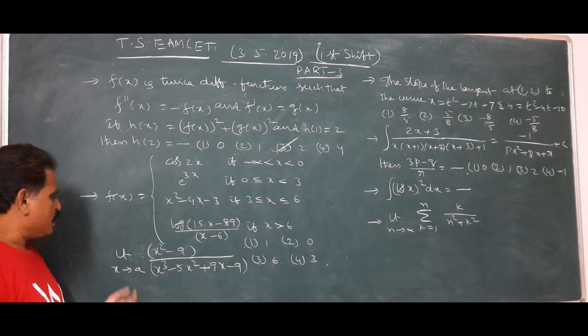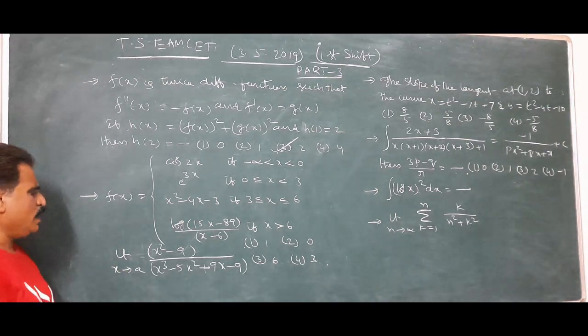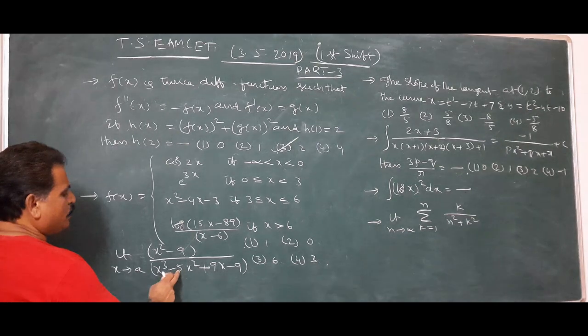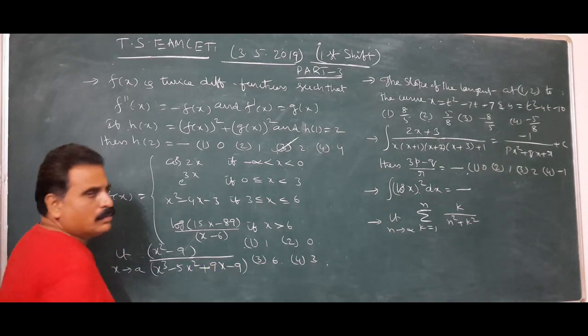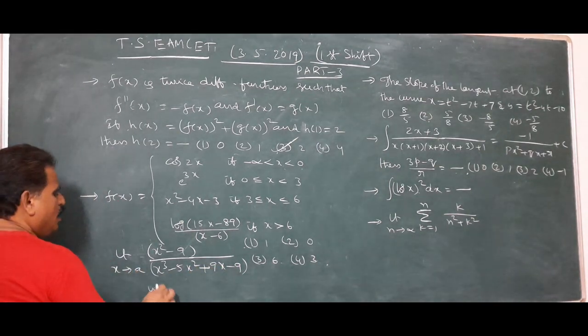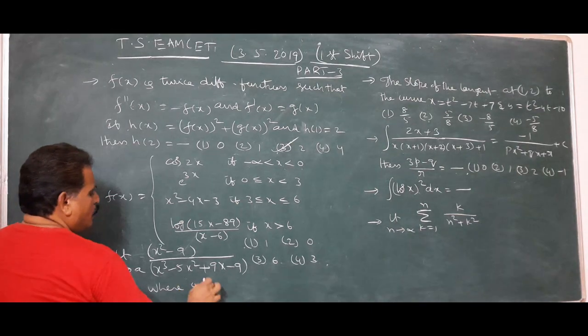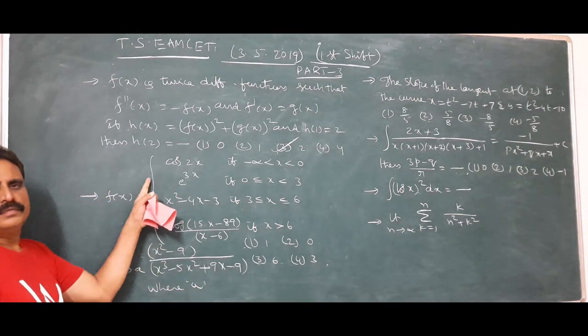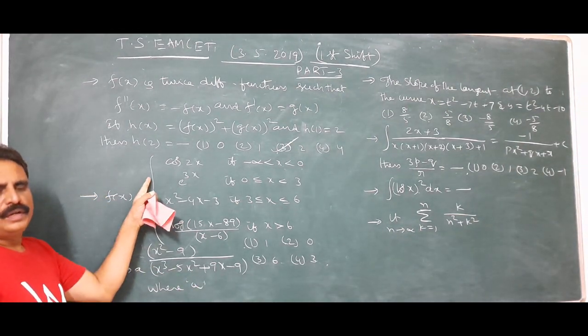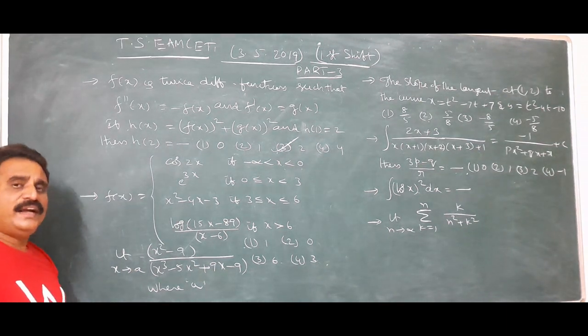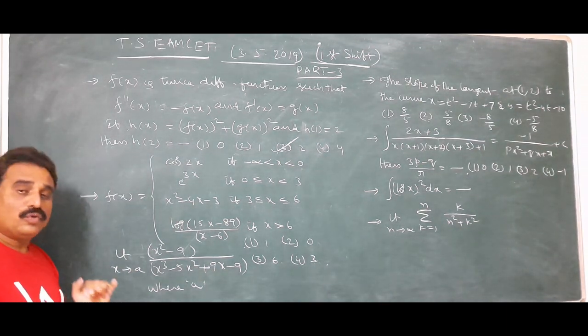Then find the limit as x tends to a of (x² minus 9) by (x³ minus 5x² plus 9x minus 9), where a is the point of discontinuity. That means we have to find where it is discontinuous.